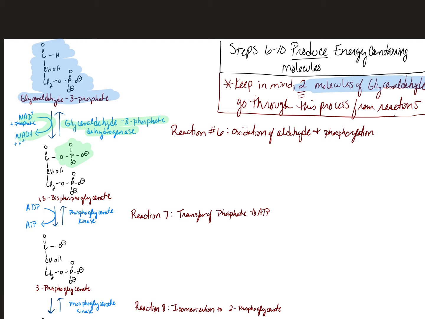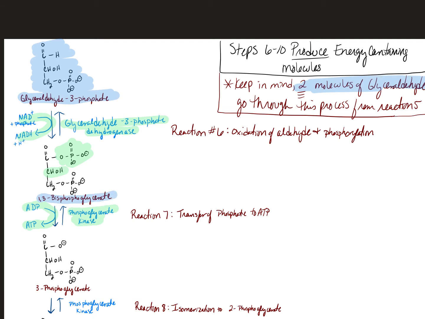So now we have phosphates and 3 carbons, and we've got a COH there in the middle. And so what then happens is ADP comes around and a phosphate is transferred to make ATP using phosphoglycerate kinase, which is another enzyme.